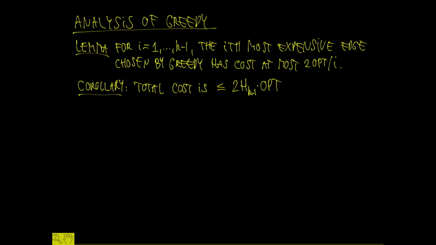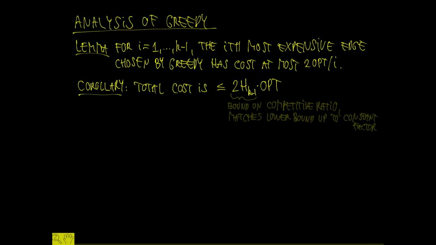And a corollary of this is that we can now upper bound the cost of greedy by 2 times the harmonic number times opt, which gives us a competitive ratio of order log k, matching the previous bound up to a constant factor.